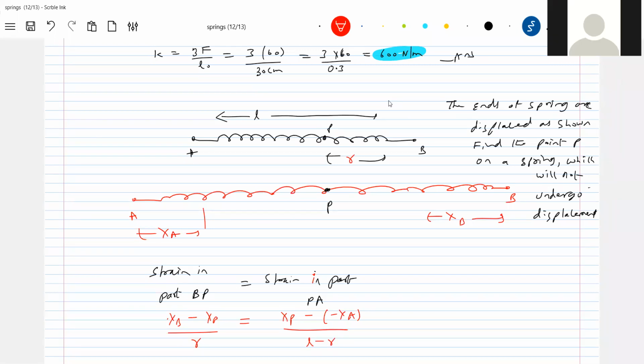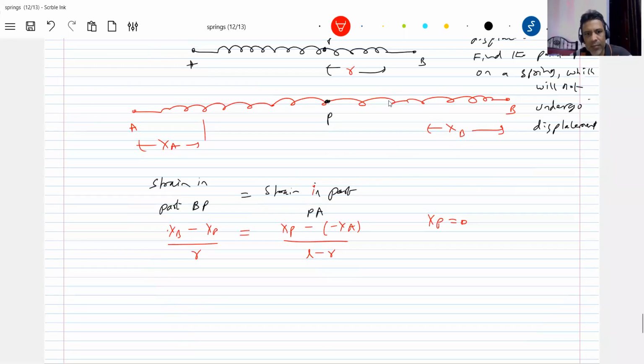We know what the XP value should be. XP should be 0, no? Why 0? Because the question itself has given it. So this should be XB by R equal to XA by L minus R. So we have to solve: L minus R by R equals XA by XB.